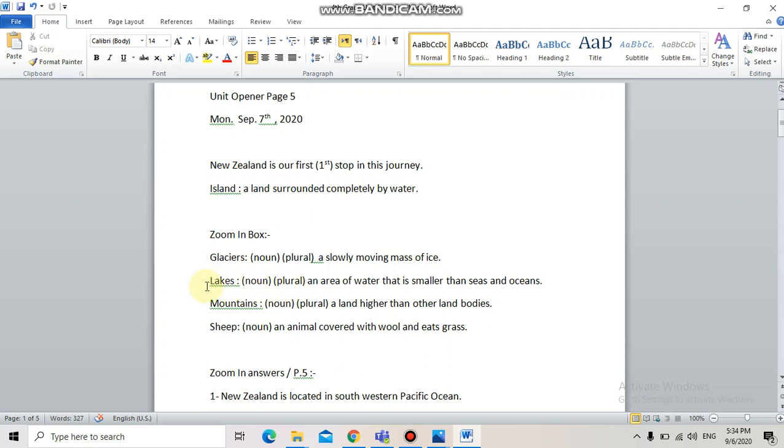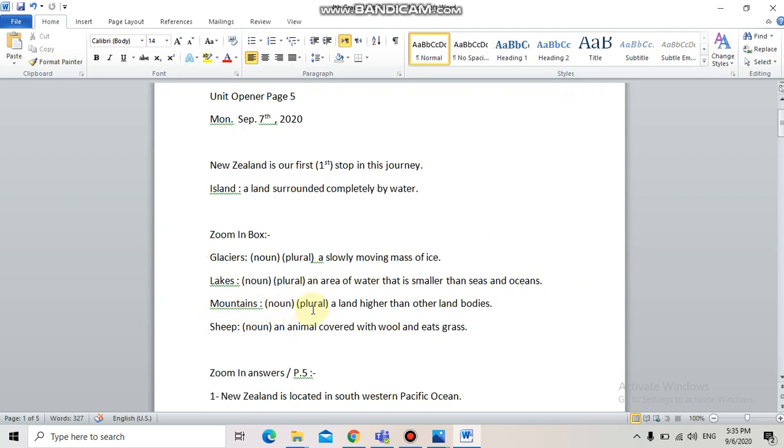What's the singular of lakes? A lake, we say. An area of water that is smaller than seas and oceans. Which one of these three is the biggest of water bodies? Oceans are the bigger ones, then seas smaller, and then lakes smaller than both seas and oceans.